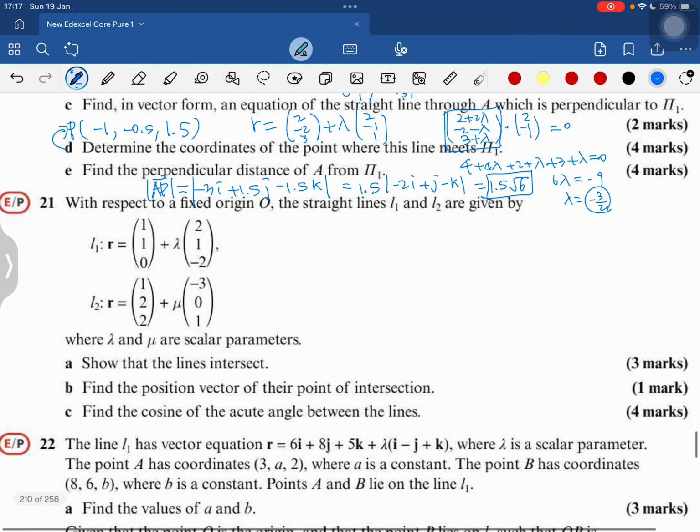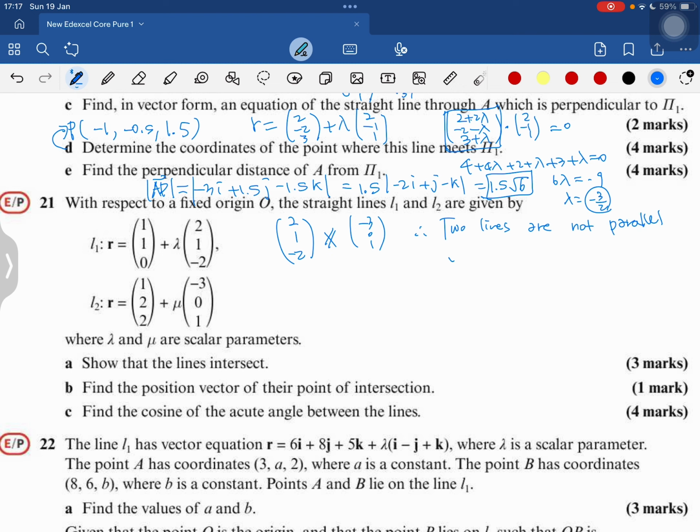Number 21. We have two lines, L1 and L2. Do the lines intersect? (2, 1, -2) is not parallel to (-3, 0, 1), therefore the two lines are not parallel or coincident, so the lines intersect.